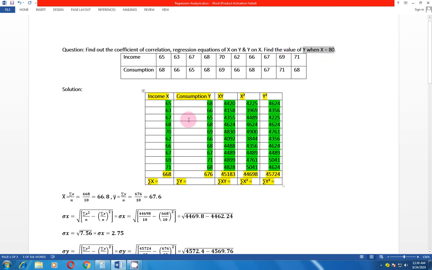It is a very important and interesting application of regression analysis that after calculating the regression equation, you can calculate a value which is not given in the data. So find the value of y when x is 80.